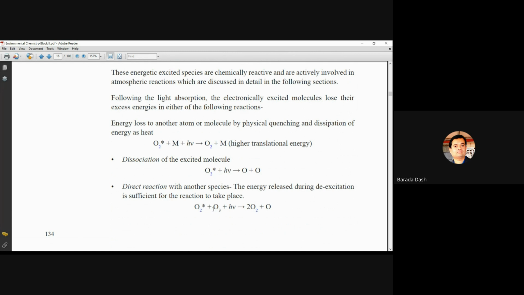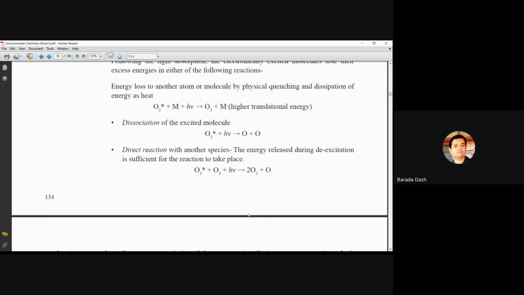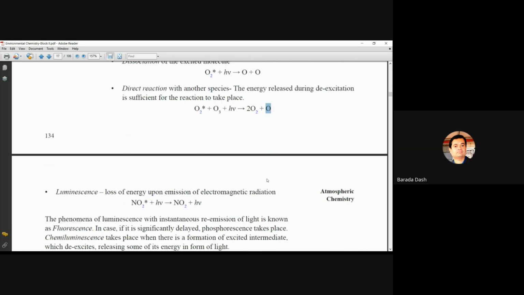O2 star plus O3 plus h nu becomes 2O2 plus O. So when oxygen goes to the excited state, it reacts with another reactive species like ozone to produce two oxygen molecules and atomic oxygen, which is called nascent oxygen or atomic oxygen.